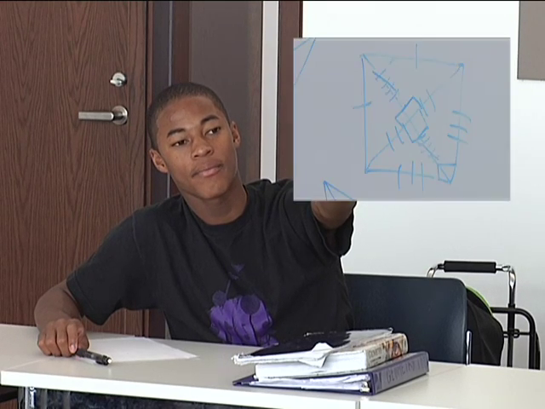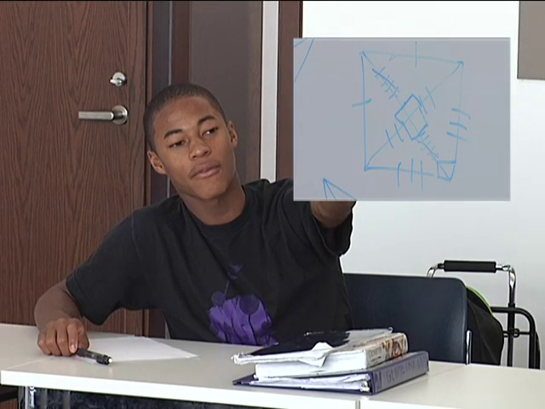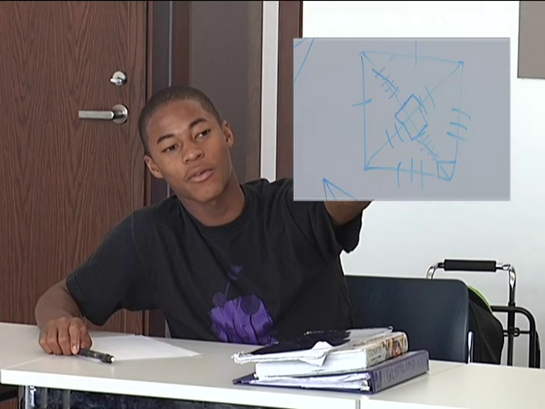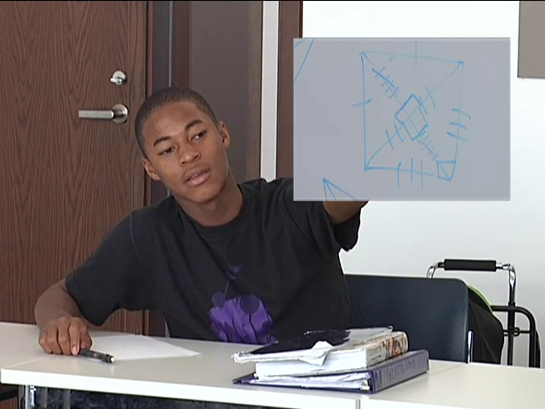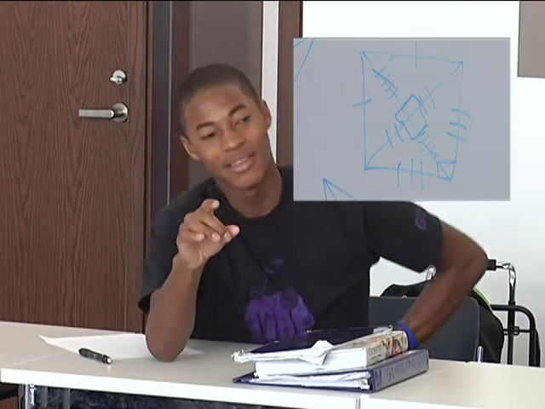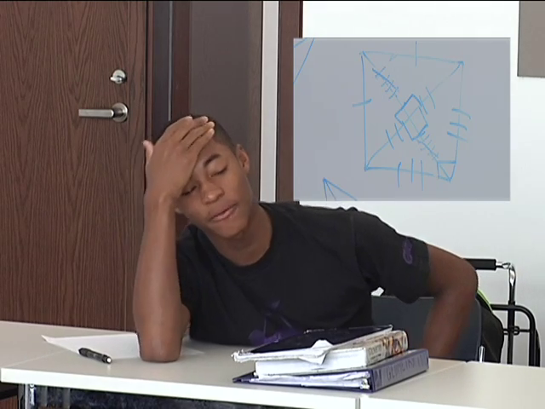One of the diagonals is bisecting at that right angle. Oh. And so we have right angles at every vertex. Since that angle is being bisected, that's a 45-degree angle.